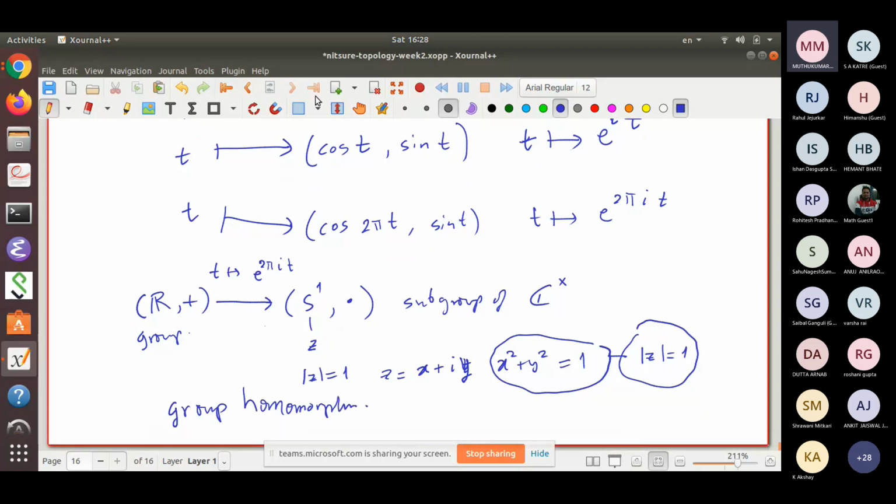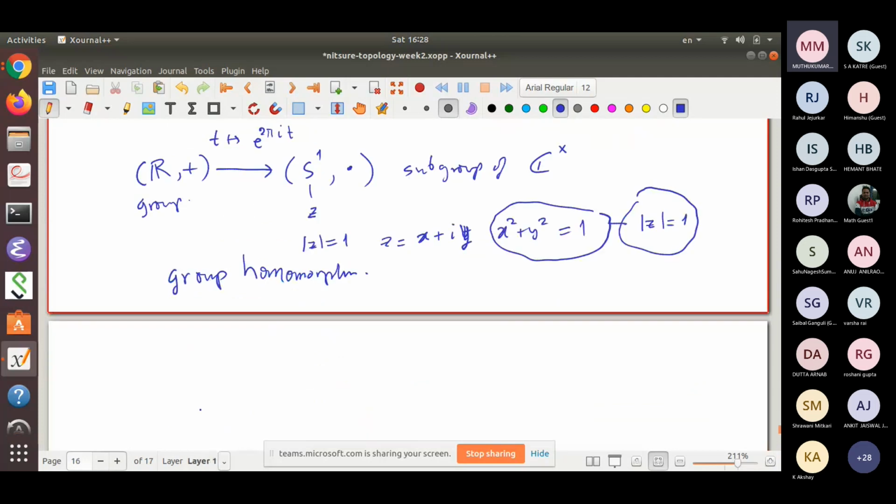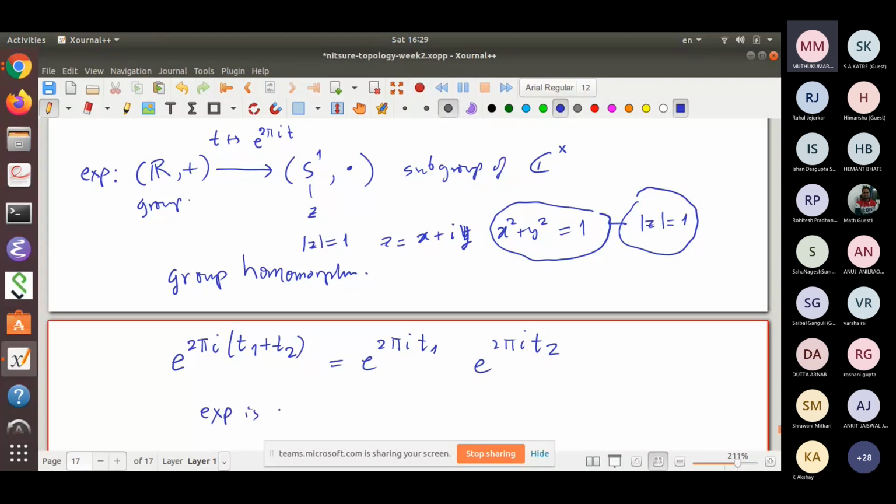That's the basic property of the exponential map, that it converts addition into multiplication. So e to the power 2 pi i (t1 plus t2) equals e to the power 2 pi i t1 multiplied by e to the power 2 pi i t2. So this map, which I'll call exp, is a group homomorphism. Also, exp is surjective.